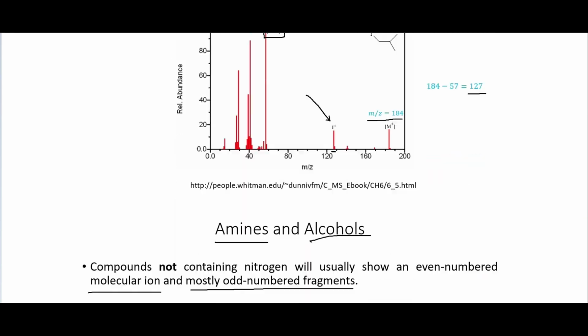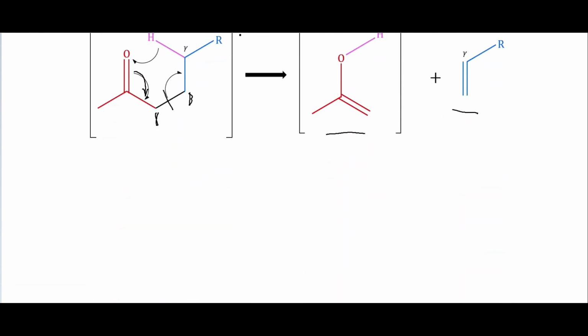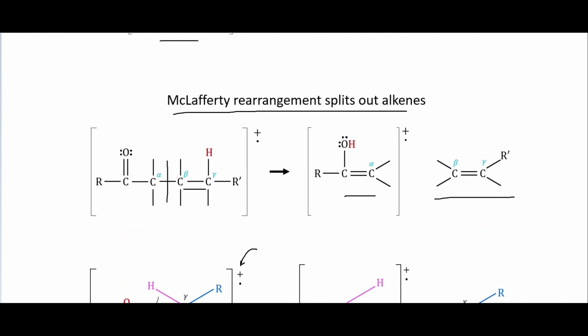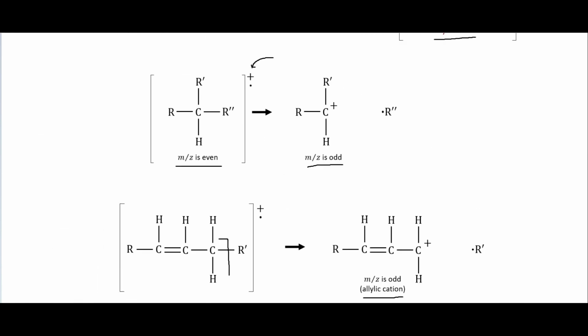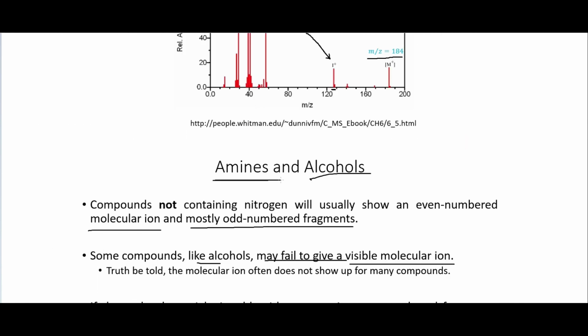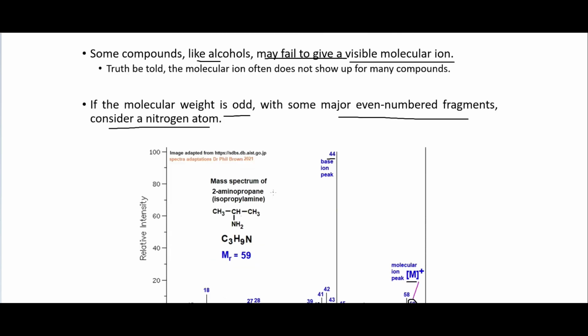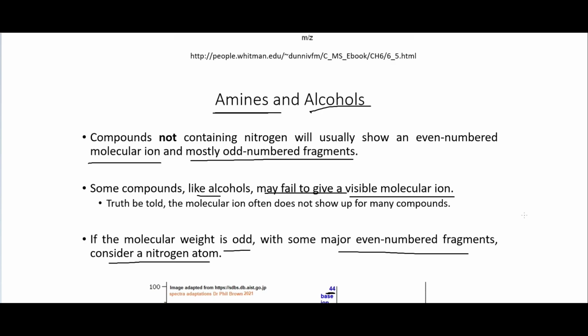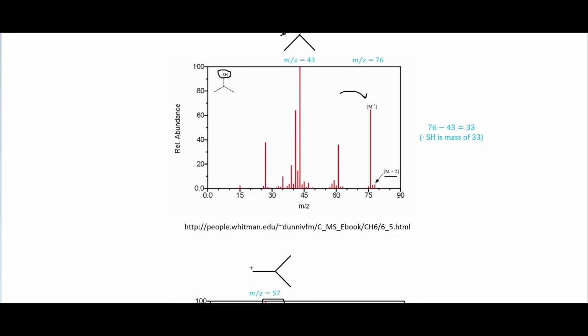They're probably going to want you to at least know the basic McLafferty rearrangement and what types of fragments you can get from that. Probably also that the amines are going to have these even numbered fragments on it. So if you see these even numbered major fragments here, then that is going to tell you that there's probably an amine. And so it's at that level of understanding and being able to interpret these spectra that you would probably be expected to know at a sophomore level organic chemistry class.